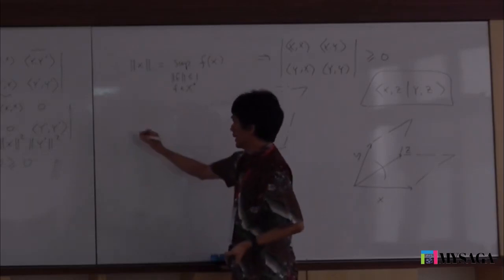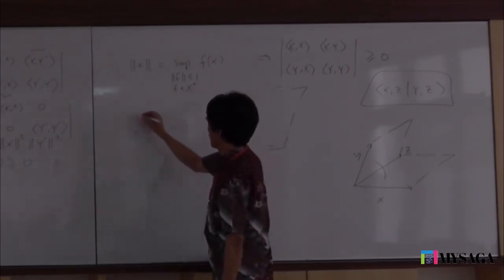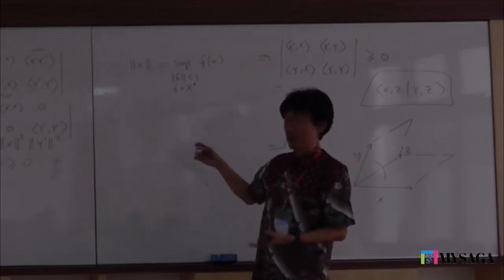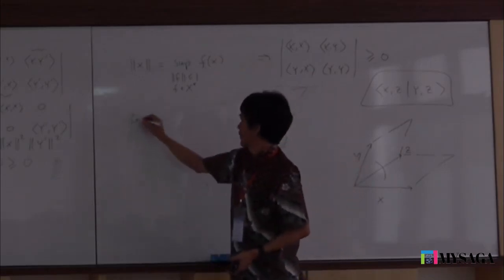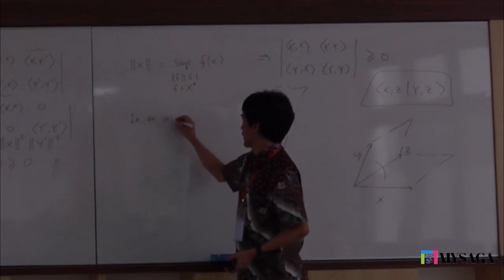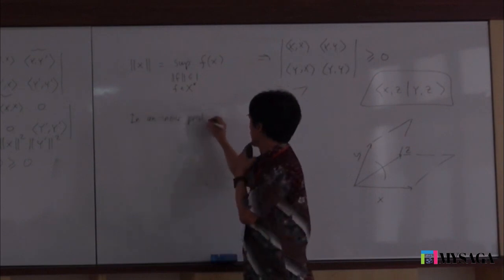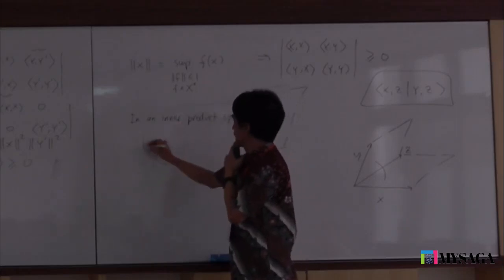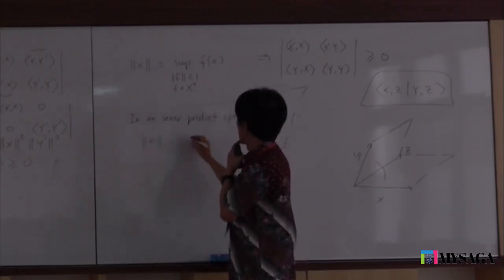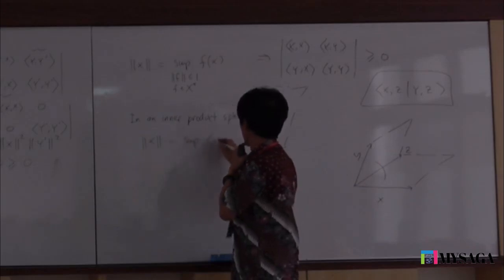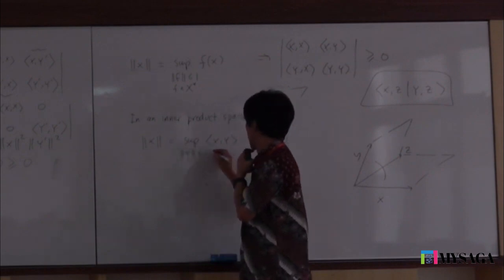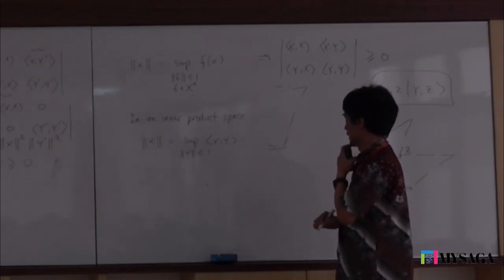But if x is an inner product space, then in an inner product space, you know that this is true. The norm of y is less than 1. Is that correct?